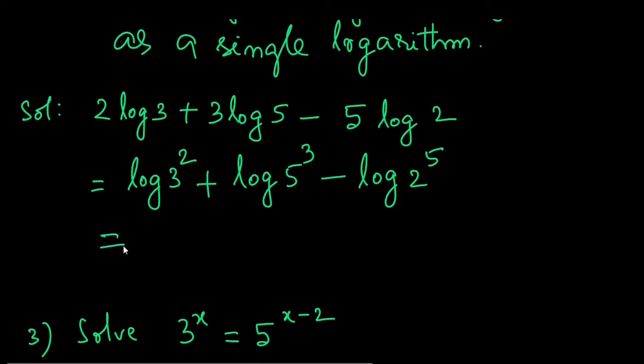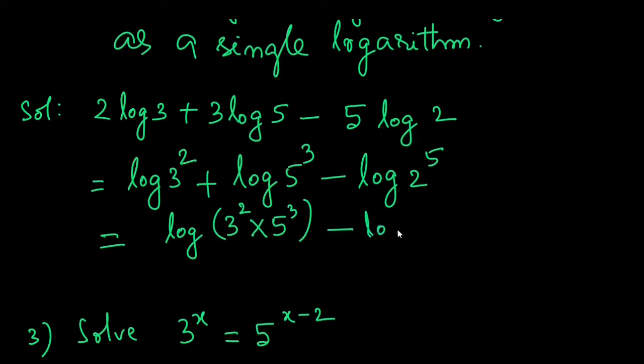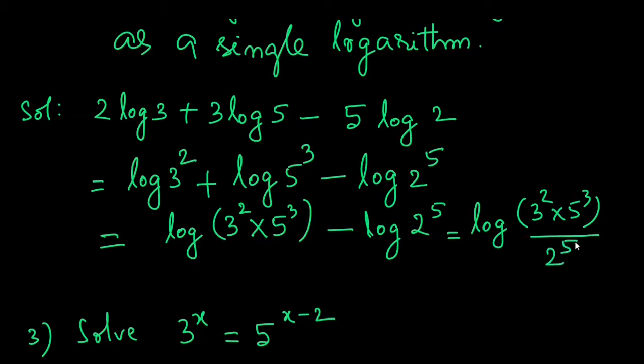Now by applying product rule and quotient rule, we get log of 3 square into 5 cubed by 2 power 5.